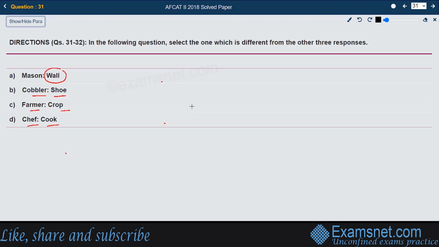The wall is made by the mason, the shoe is made by the cobbler, the crop is produced by the farmer. But unlike D, the cook is not made by the chef; cook is rather a synonym of chef. So this one should be the odd one out, and D is the right answer.